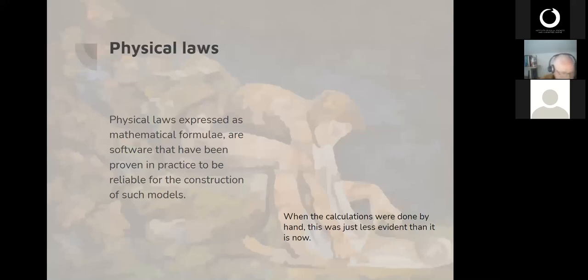I think nowadays it's better to think of these physical laws as software that has been proven in practice to be reliable for the construction of models. When calculations were done by hand, it was just less evident than it is now. These are general purpose software.